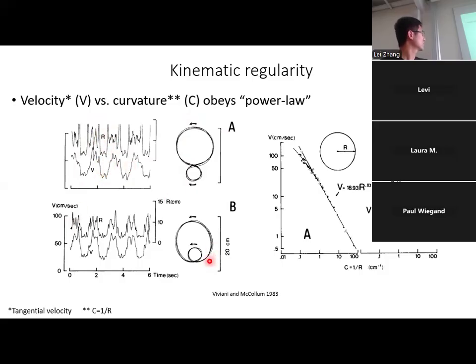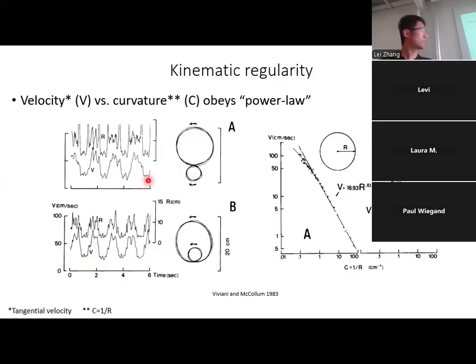The same holds for the smaller circle inside: smaller curvature corresponds to larger velocity. Here again, you can do curve fitting, fitting the curvature versus the velocity. This is not quite linear, but you can fit it as an exponential function. That's why it's called the power law. This is a continuous circular movement.